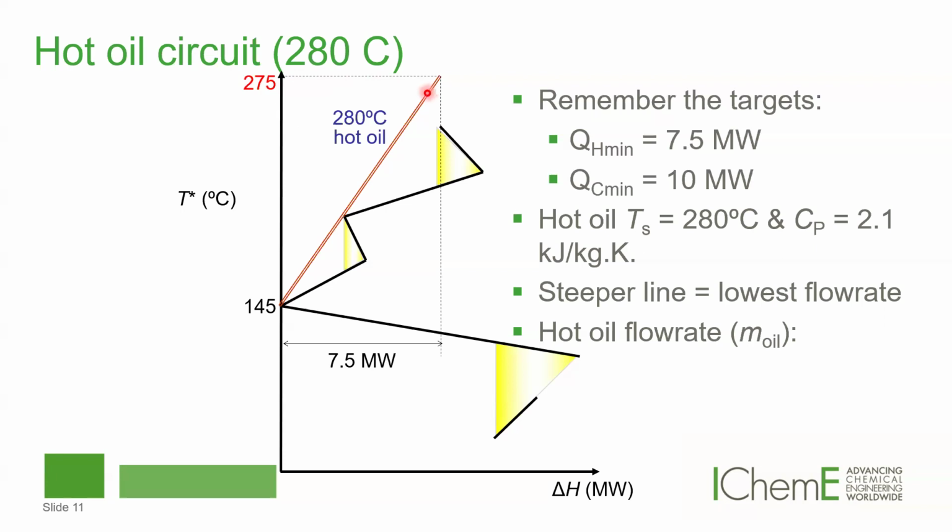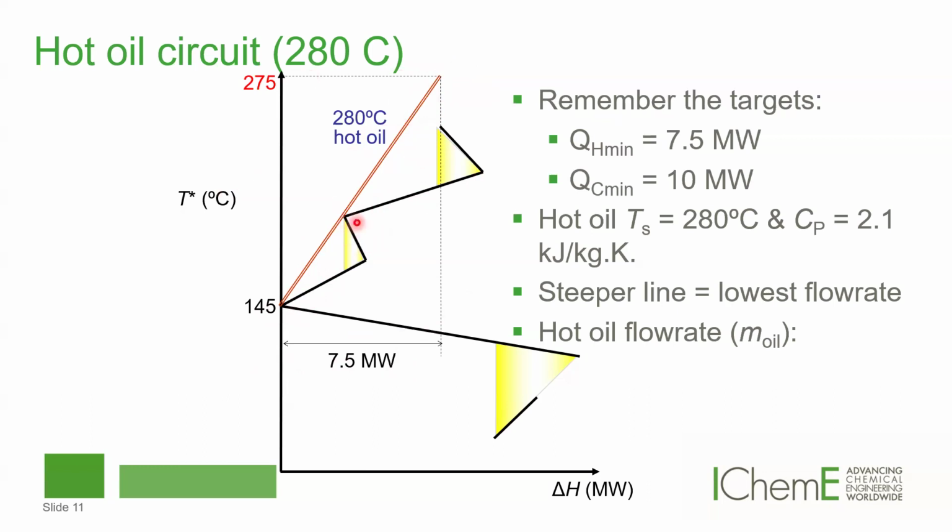And what we need to do is draw the steepest line from the pinch point to this edge of the rectangle right here. We need to keep it above the grand composite curve, so make sure that this line is above the grand composite curve.